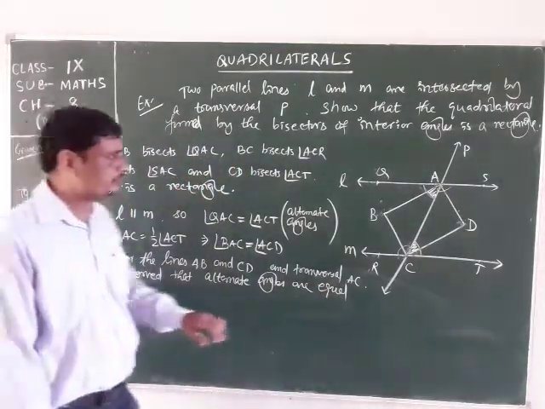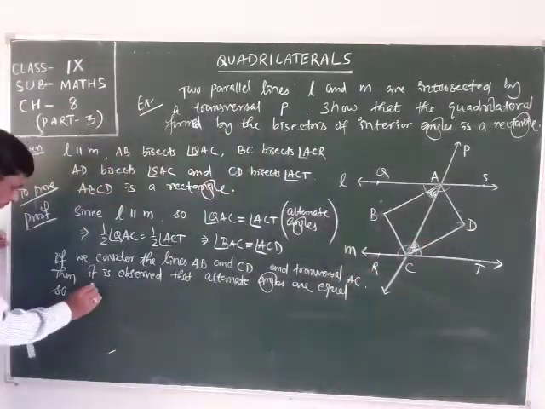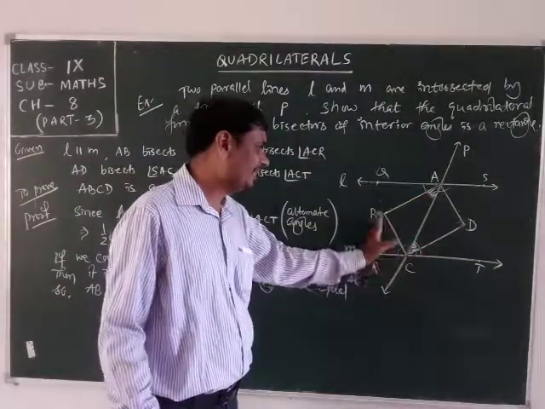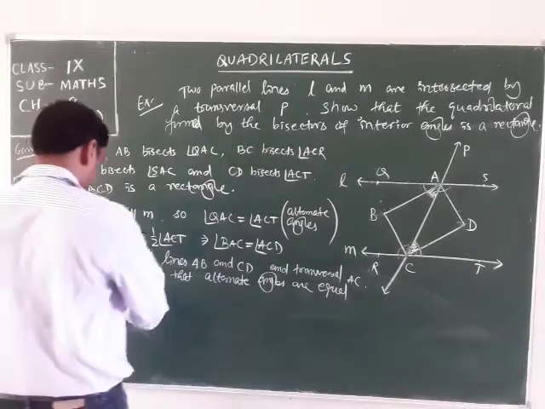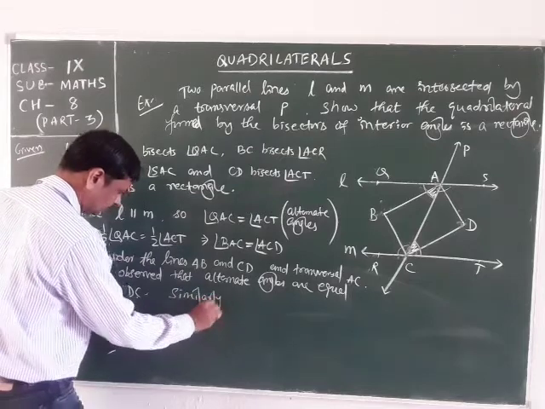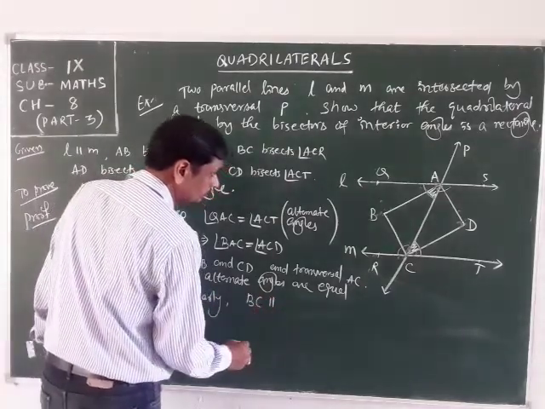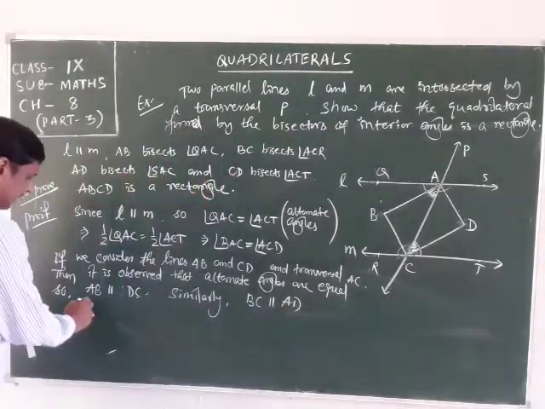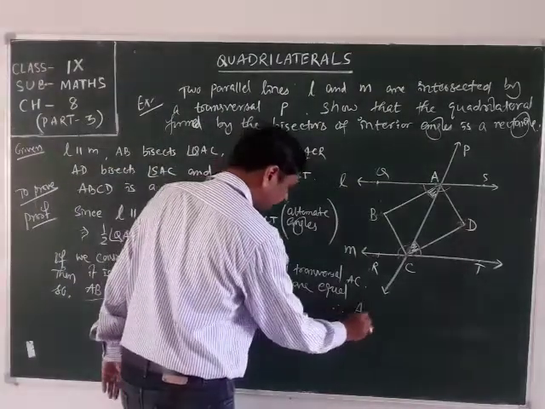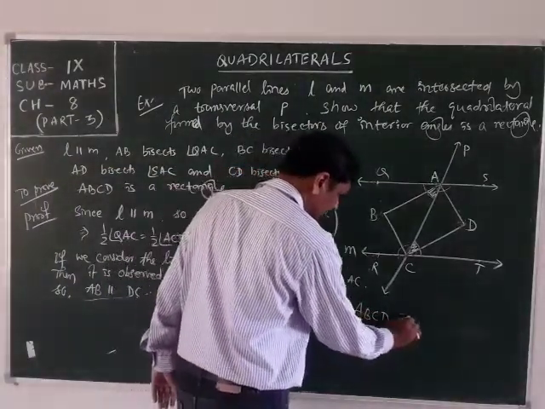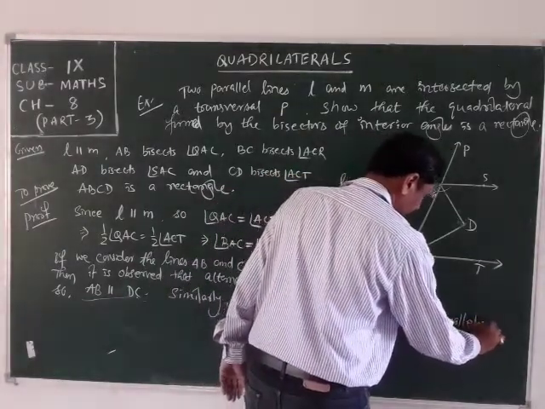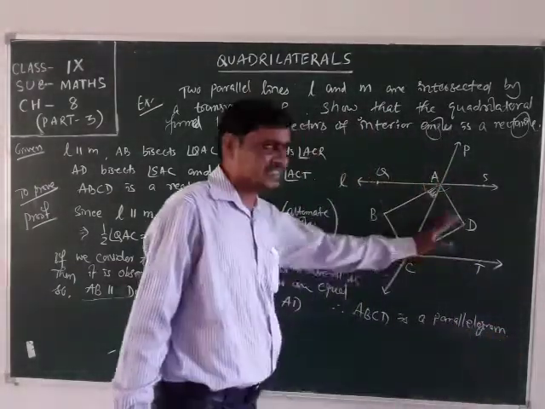So AB is parallel to CD. Similarly, BC is parallel to AD. AB and DC are both parallel, and similarly BC and AD are parallel. Therefore, ABCD is a parallelogram.